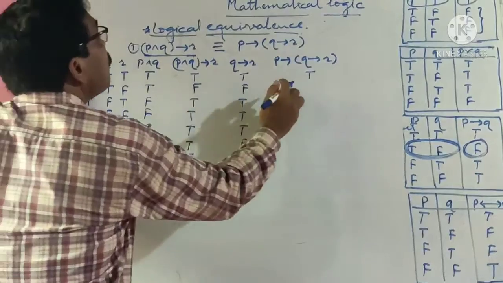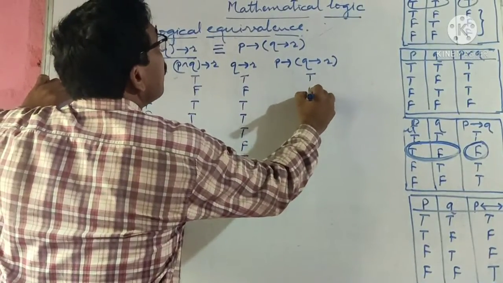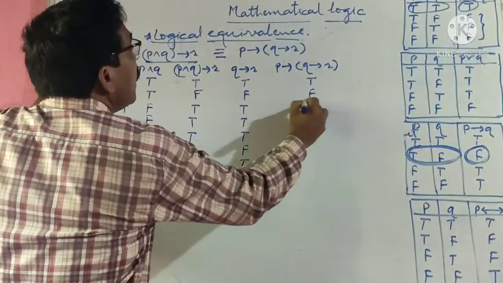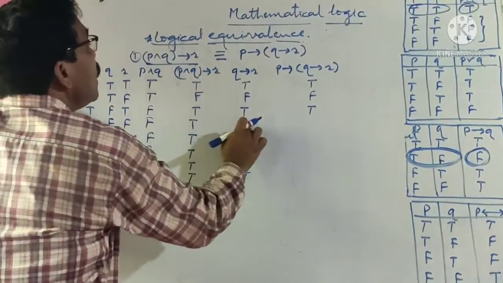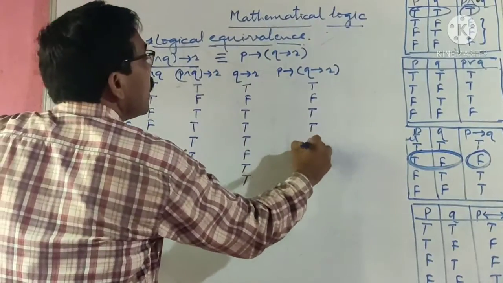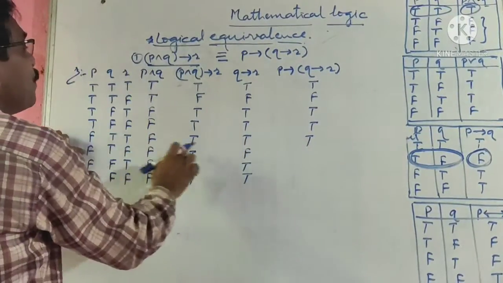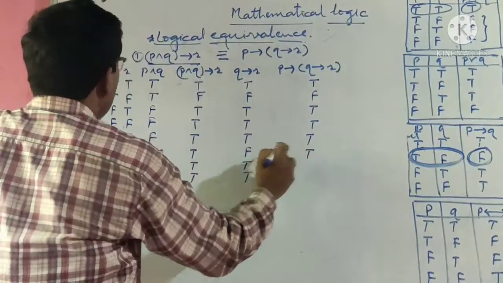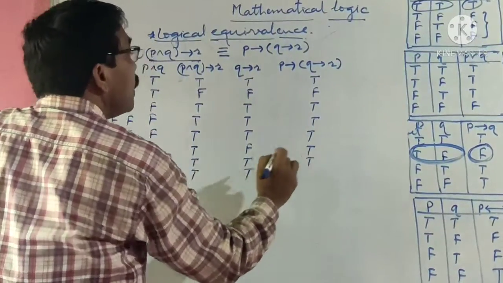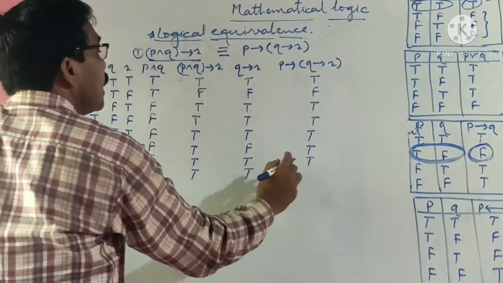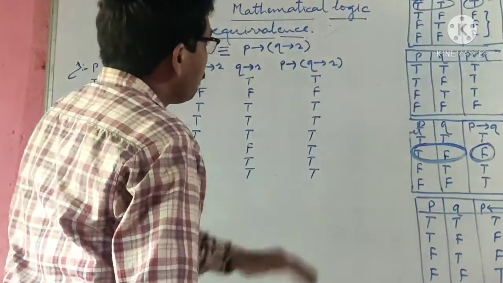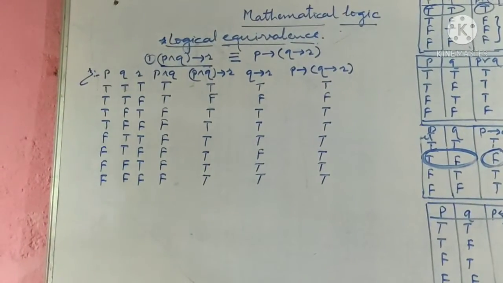T implies F, we have F. T implies T, T. T implies T, T. F implies T, T. F implies F, T. F implies T, T. F implies T, so it is T. Now these are the entries of our last column.